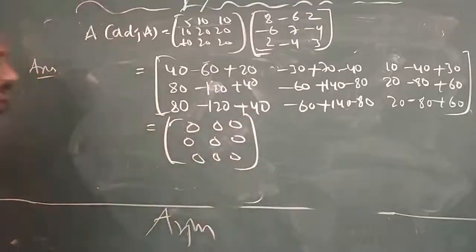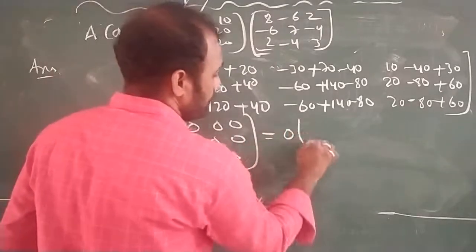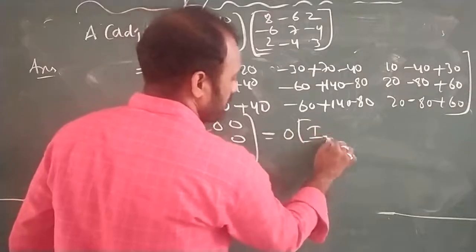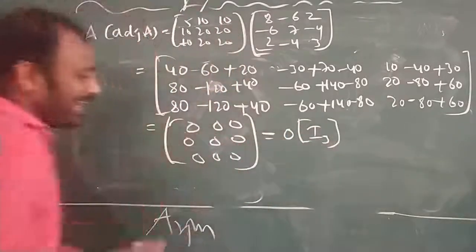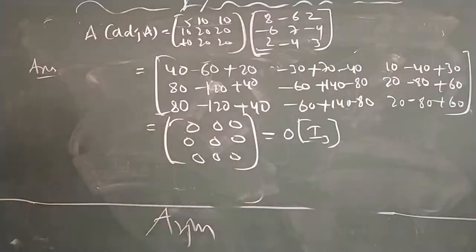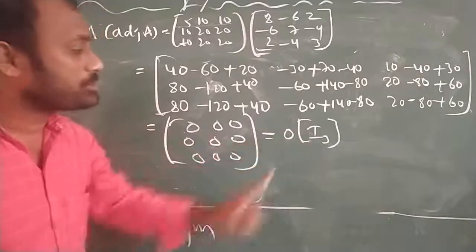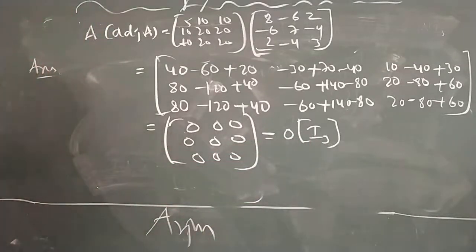So I am going to obtain a zero matrix. Null matrix we are going to obtain, which is equal to 0 into modulus of A times an identity matrix, in which the principal diagonal elements are equal. So it is called a zero matrix. Now which is equal to 0 into I3. Now why are we writing 0 into I3?